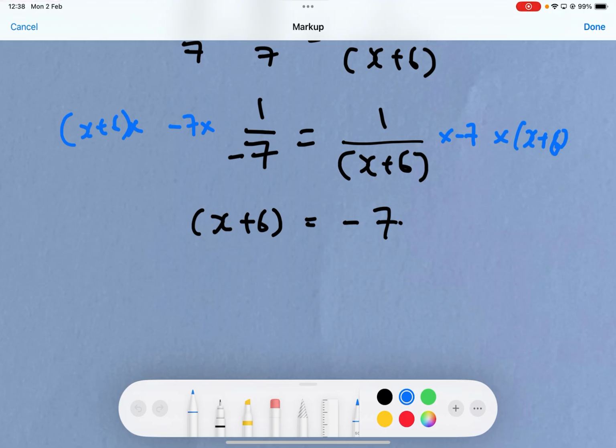Okay, so my negative 7 cancels with the negative 7. Then I'm left with this bracket multiply 1. Here also, this bracket cancels with this bracket. I'm left with 1 multiply negative 7. Yeah, the result is like a cross multiplication.